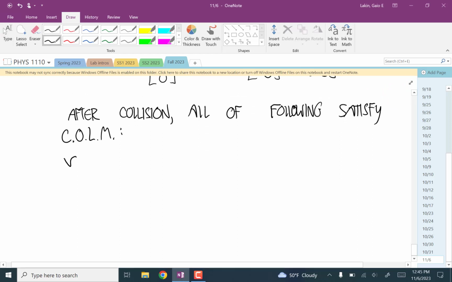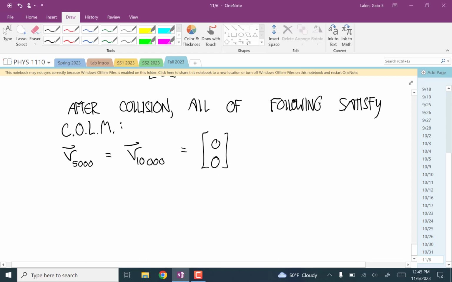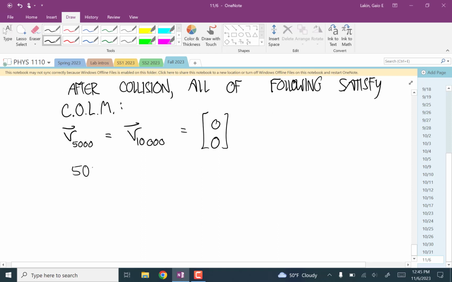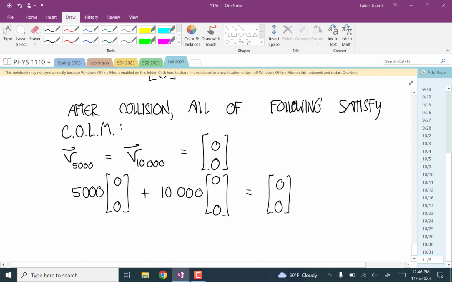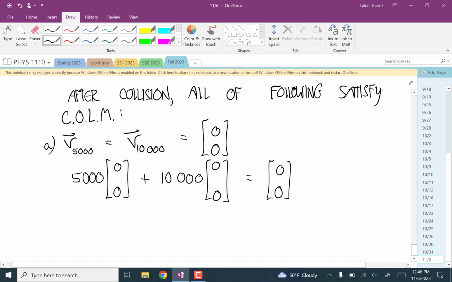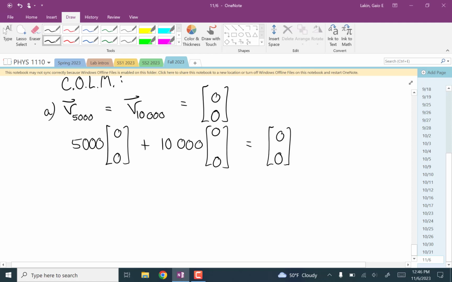The velocity of the 5,000 and the velocity of the 10,000 are both at rest, because you'd have 5,000 times 0, 0 plus 10,000 times 0, 0 is equal to zeros. So this would work.